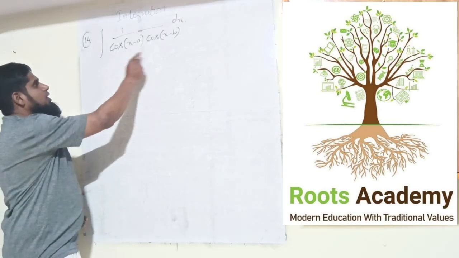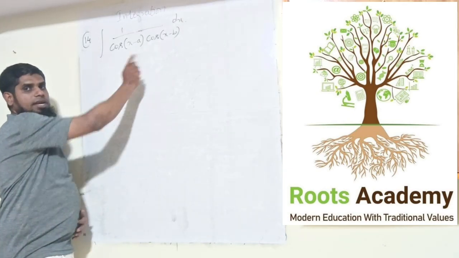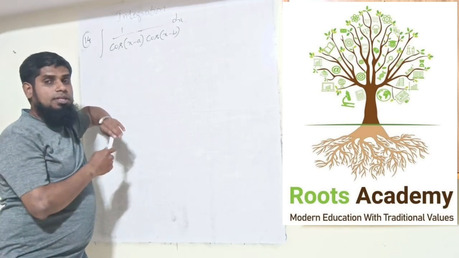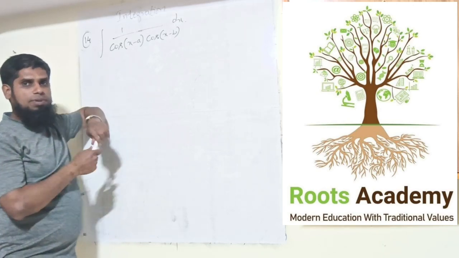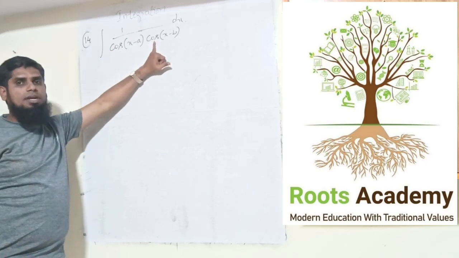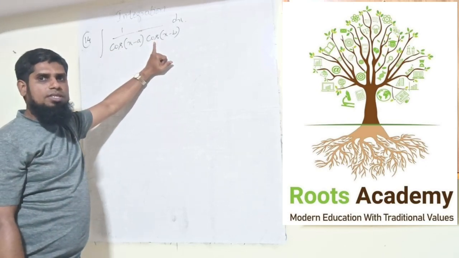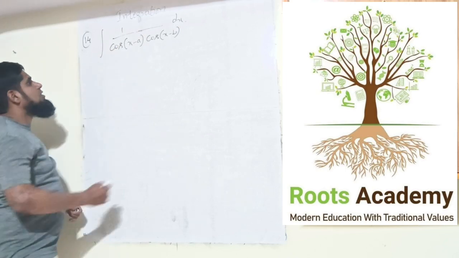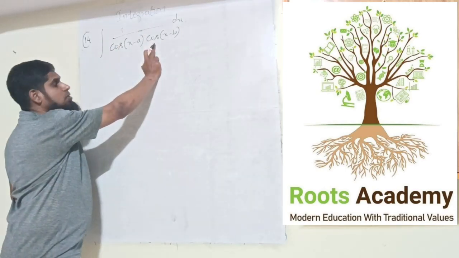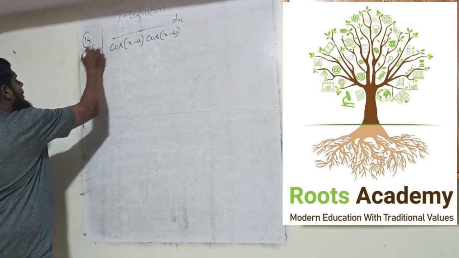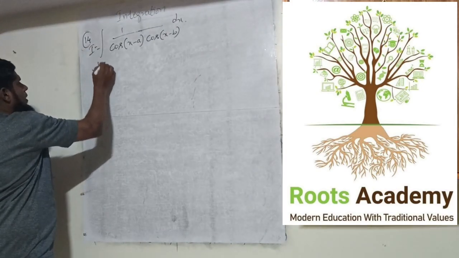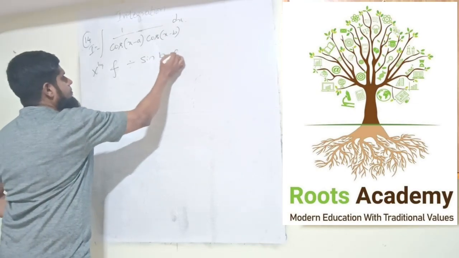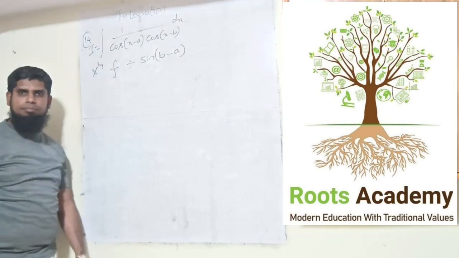If it is sine and cos, that time we will multiply cos a minus b. If both are sine, for that also it is cos a minus b, we will multiply and divide. So since here both are cos, I will multiply and divide by sine b minus a.